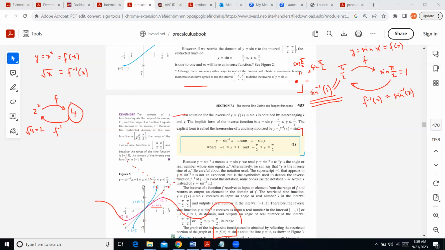But notice if I continue, that will not be a function. Remember this vertical line test story, so there'll be lots of intersections with a vertical line, and that's why we don't want that to happen, and that's why we restrict. See, that's the key part here. So we actually do not consider the whole reflection. We only restrict it to a little interval.